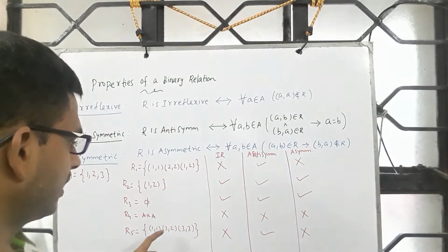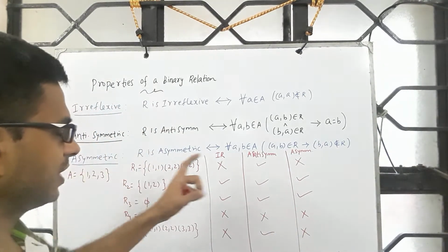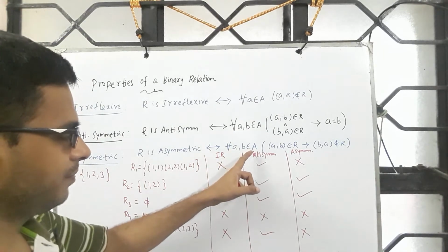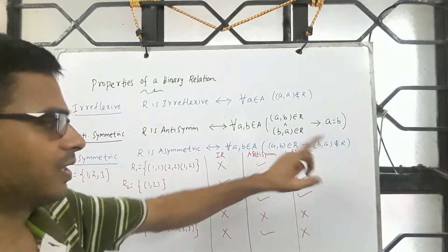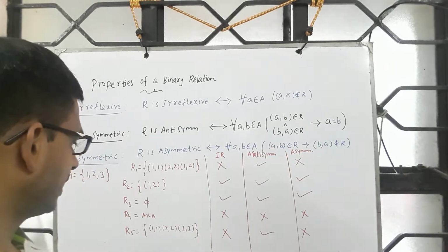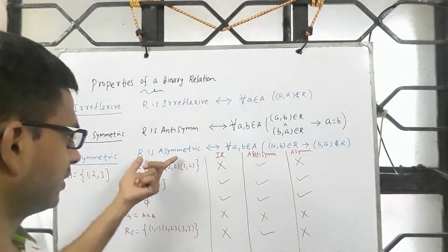So just like the other definitions, if there exist a, b such that (a, b) is in R and (b, a) is also in R, then it is not asymmetric.